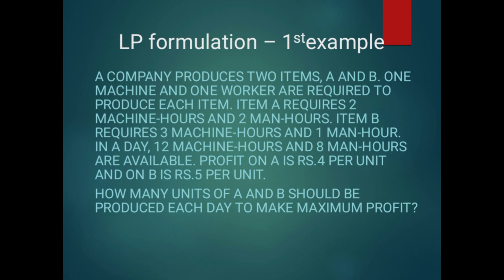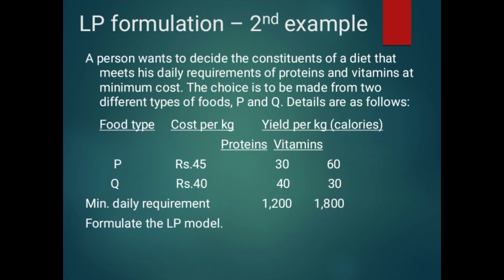Item A requires 2 machine hours and 2 man hours, so 2x plus 2y is less than or equal to 12, and 3x plus y is less than or equal to 8. And x, y greater than or equal to 0 is the non-negativity. This is the formulation of LPP.